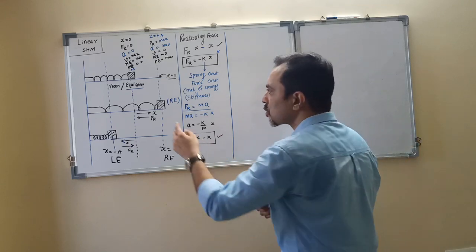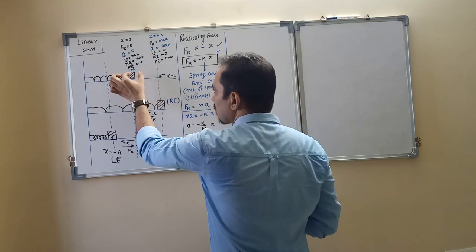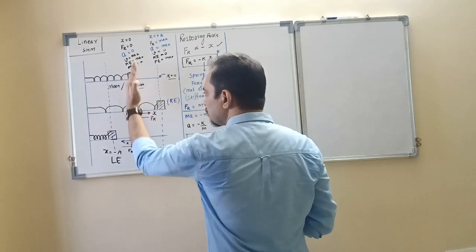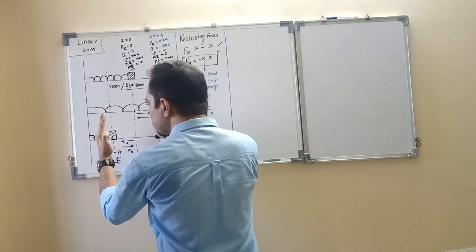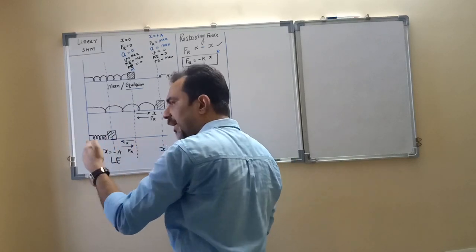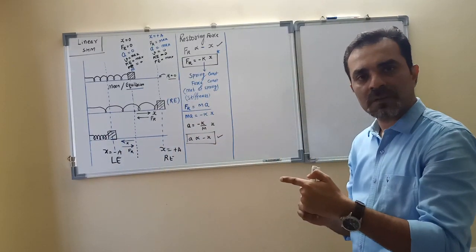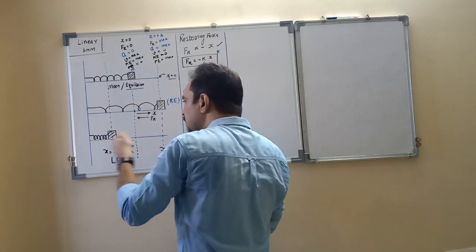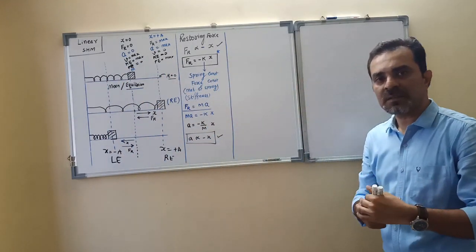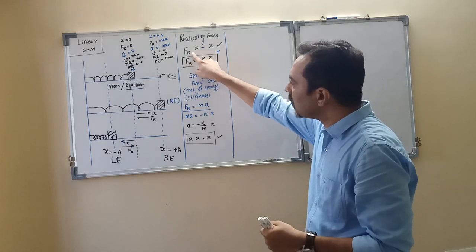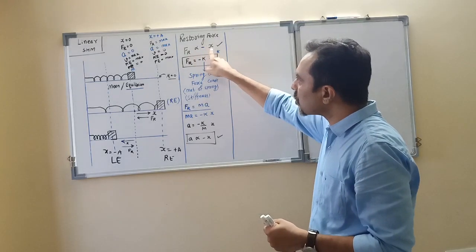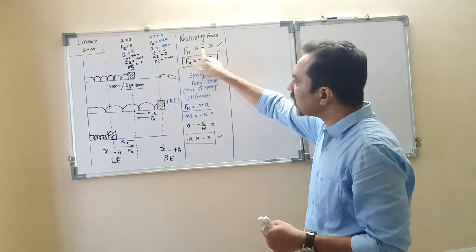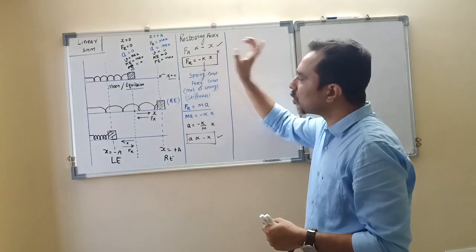To and fro motion of the particle about the mean or equilibrium position, between the extreme positions along the same straight line, such that the force acting on the particle is always proportional to the displacement, and the force is always in a direction opposite to displacement.